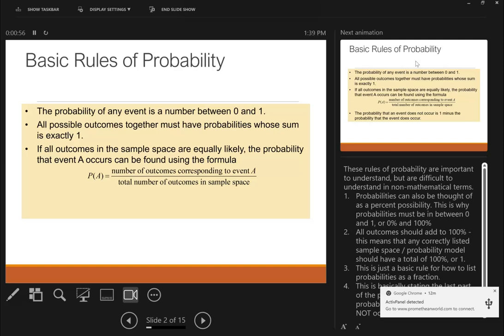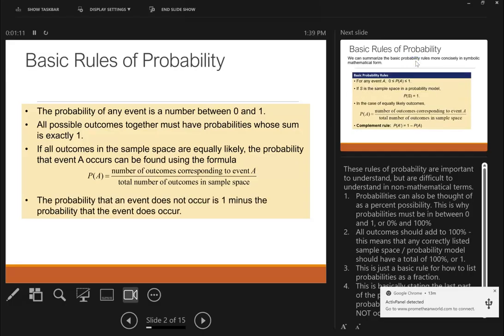If all outcomes are equally likely, the probability that A occurs can be found by using the formula number of outcomes corresponding to event A divided by the total number of outcomes in the sample space. Just like we've done already, right? These are basic ideas that we've already been using to do probabilities in the previous section.